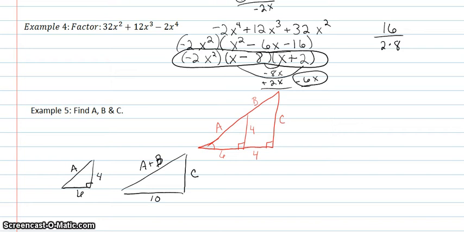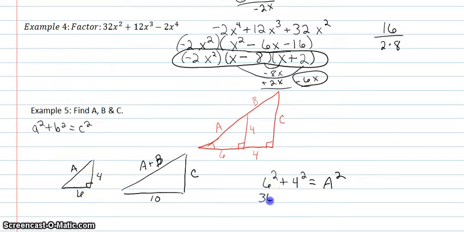So first I need to find A by using the Pythagorean theorem. So I have A squared plus B squared equals C squared, so that is A squared in this case. And the 6 and 4 I knew were the A and B from the Pythagorean theorem, because they are the legs of the right triangle.